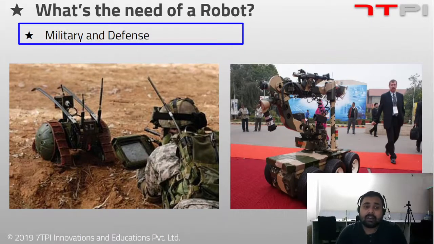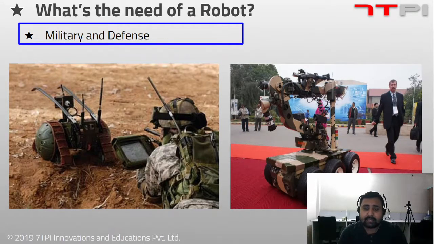Now there is a field called military and defense. That is one of the places where there is a huge risk to life. Soldiers are fighting whenever there is a terrorist attack or a war situation between two countries. If humans or our armed forces are directly involved in these things, there could be a danger to life.